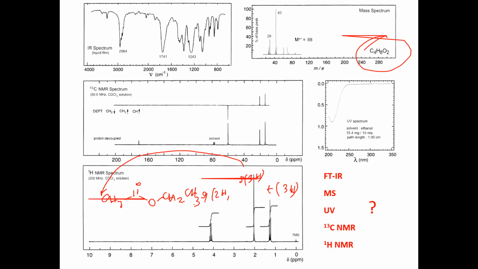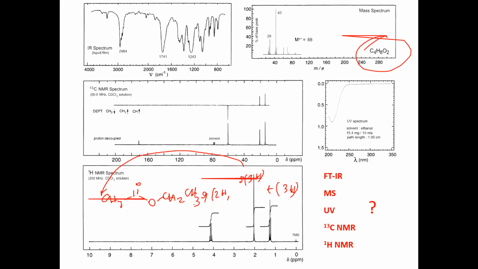The top one is the DEPT, and I'm telling you the CH2 are down. This is the DEPT 135. What do we know from the DEPT? You must have 1 methylene. What about this one?